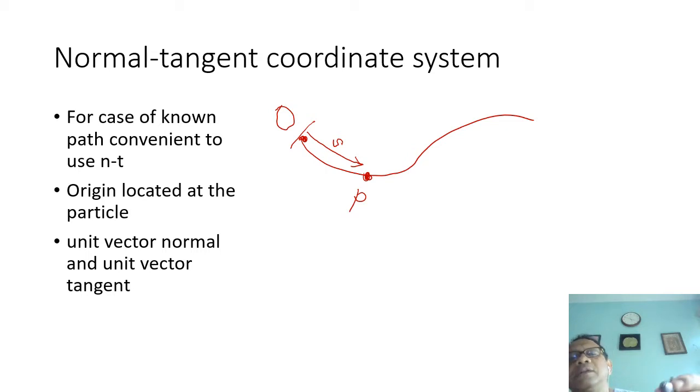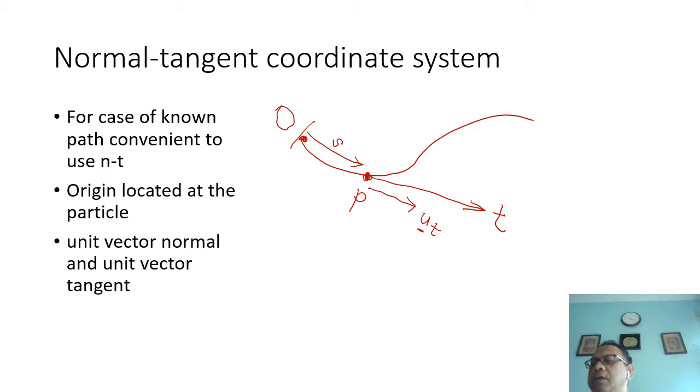And the unit vector tangent: we find the tangent to the path. So this is tangent, and I use T here. We identify a unit vector of tangent to be U subscript T, underlined.